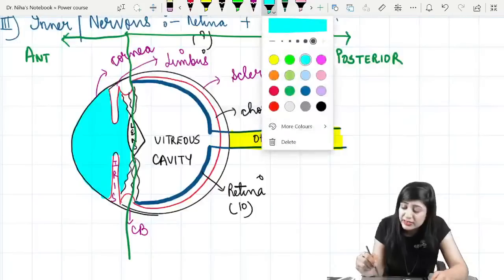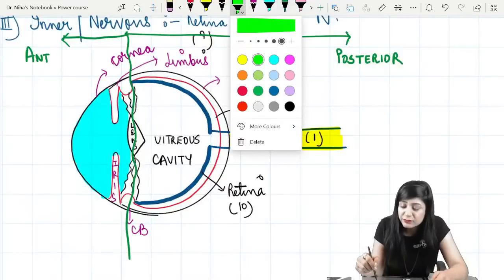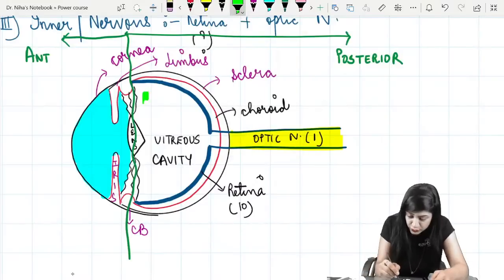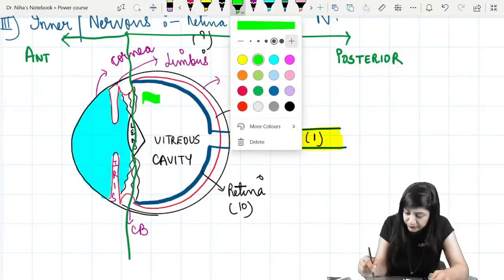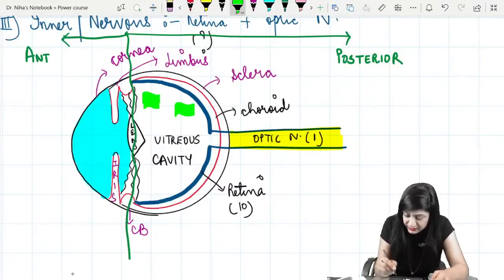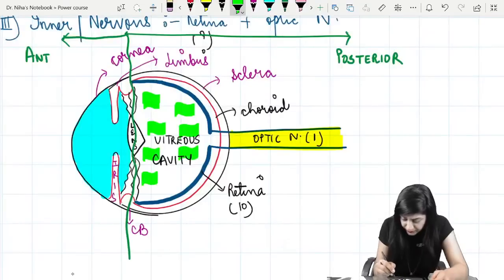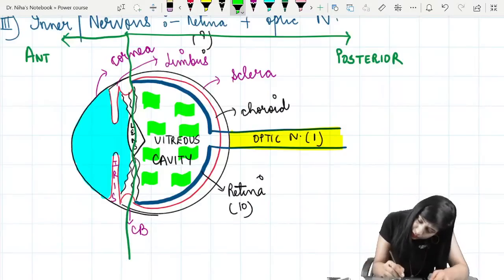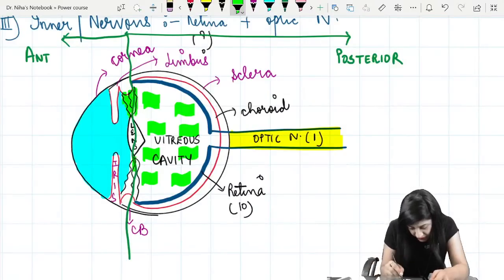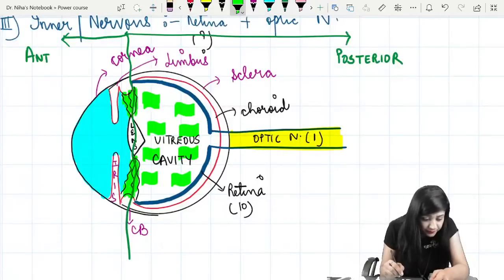While posteriorly we have vitreous, and vitreous is gel-like. So you will have collagen bundles there, something like this. And the zonules are also part of the vitreous.